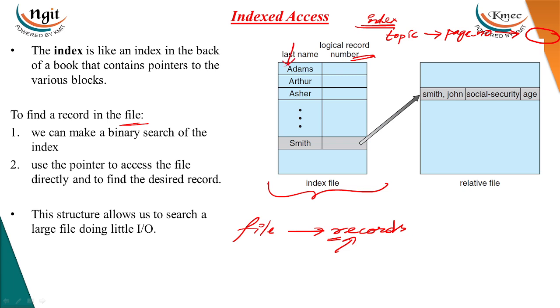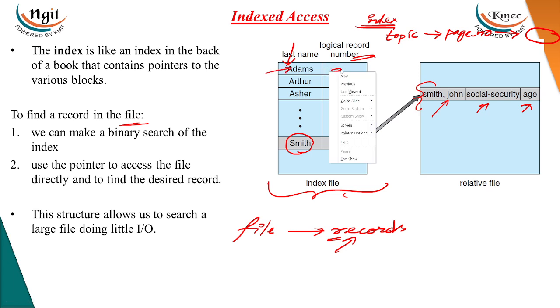The first column will be your index, and if we find the index, we use a pointer to go to the logical record and access the information. So the index file stores your index as well as a pointer. This pointer will take you to the original location where the data was present inside the file.